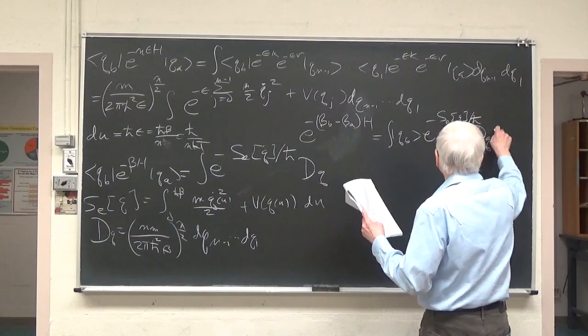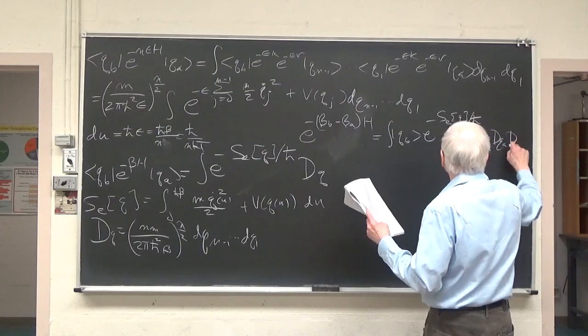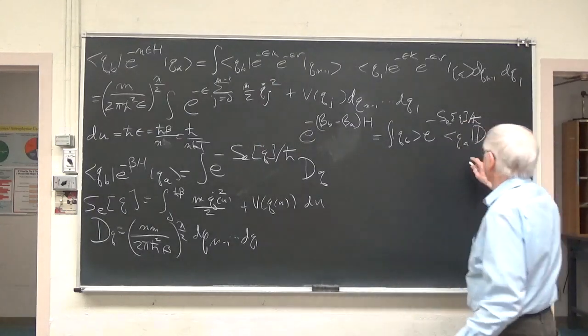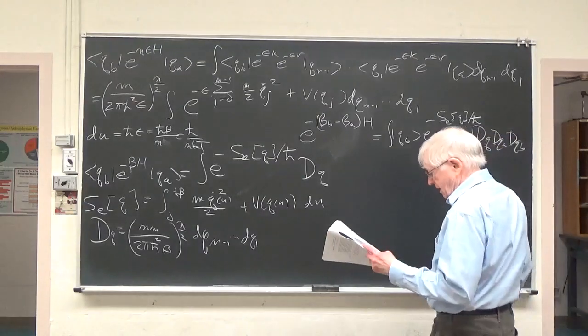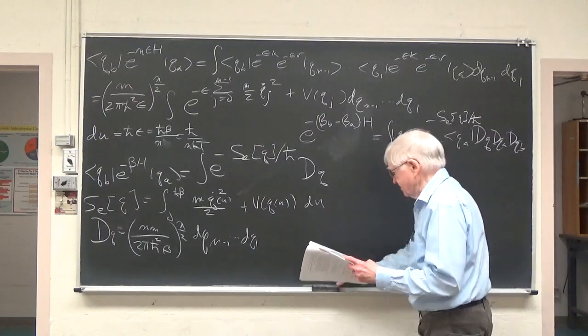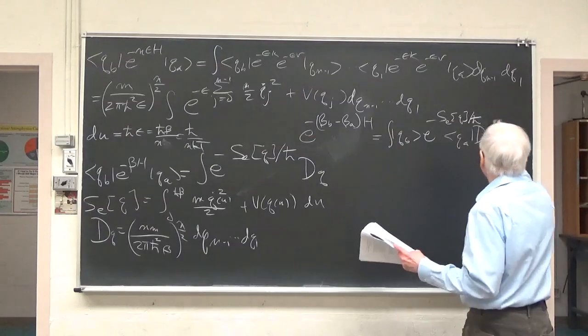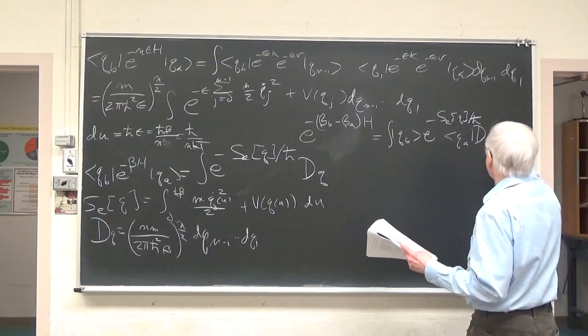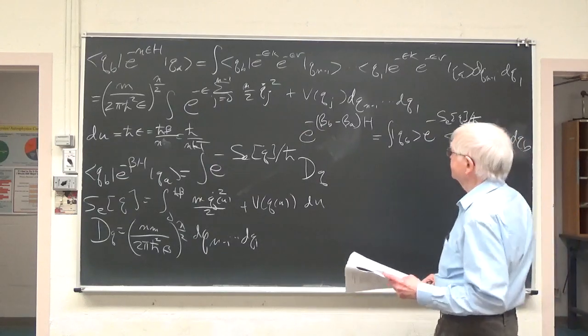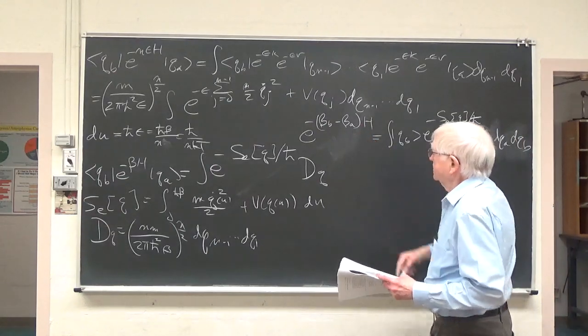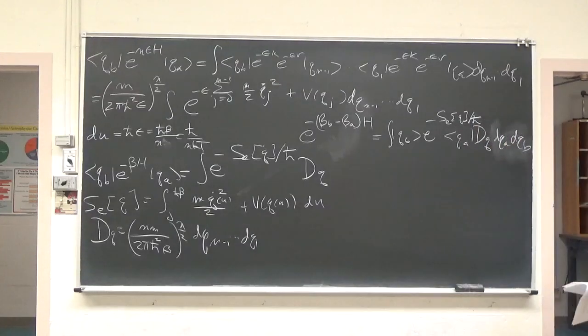And now we've got dq, dqa, dqb. The dq has the same meaning, and actually this isn't a capital dq, these are lower dqs. So this is just the Boltzmann operator at two different betas multiplied together.